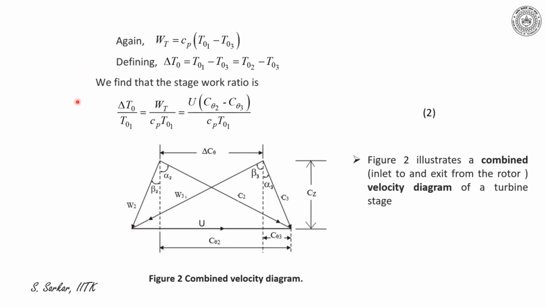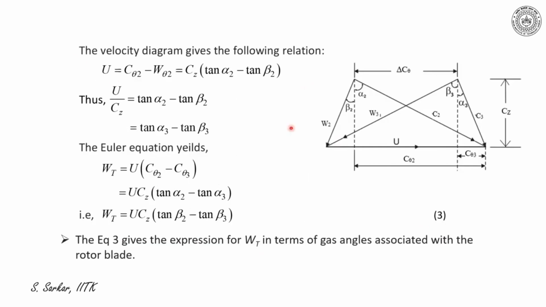Now we can find out the stage work as del T0 by T01 is equal to Wt divided by Cp into T01, that is equal to U into C theta 2 minus C theta 3 divided by Cp into T01. Thus, this equation 2 gives us the non-dimensional temperature drop in a stage.